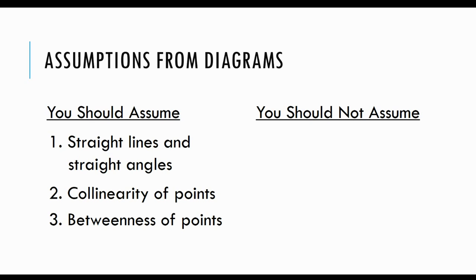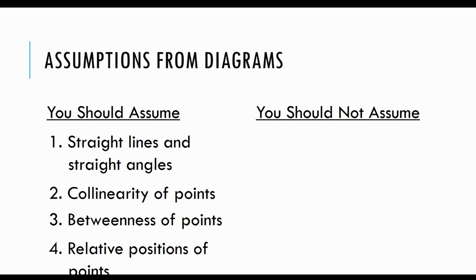If I can assume collinearity, I can assume, yes, this point is in between 2 others because they are collinear. And the relative position of points. So meaning that if I have a whole bunch of points on my diagram, I can say, okay, this point is to the left of this one, or this point is above this one. So the direction at which the points lie is something that I can assume.